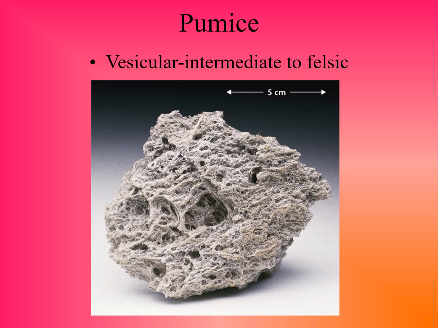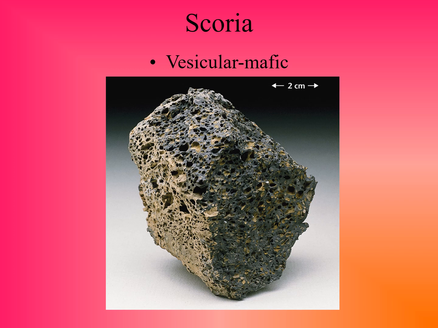And if you wanted to test this, you could drop most pumices in a beaker full of water, and a lot of times pumice will float. So it's a floating rock because of all those air bubbles in there. And then the more mafic version of that is scoria, and that's vesicular as well, so it's got those bubbles, but it's darker in color because it's mafic.